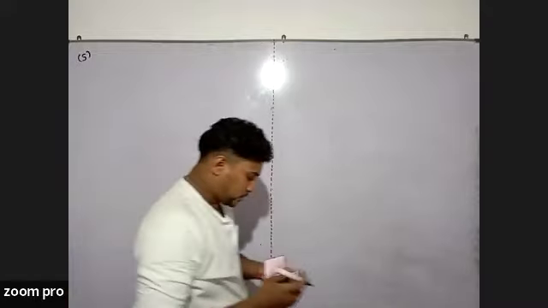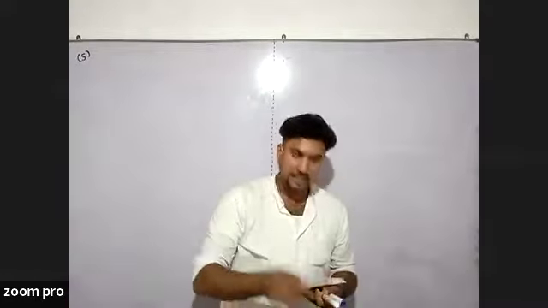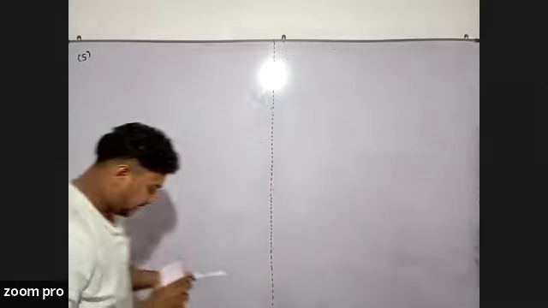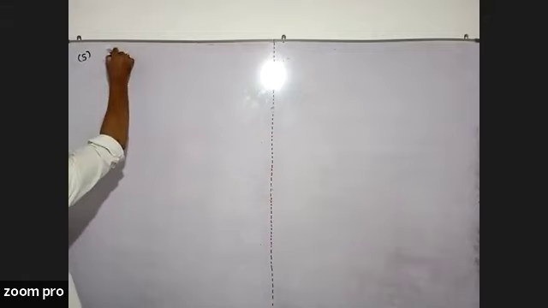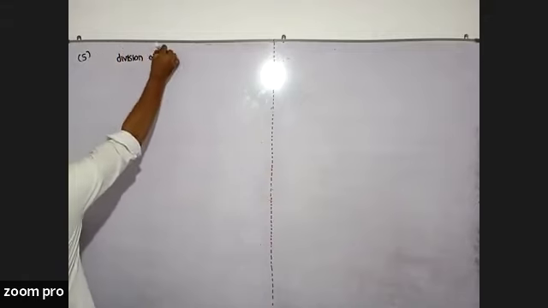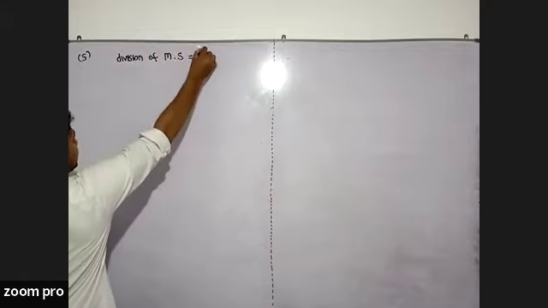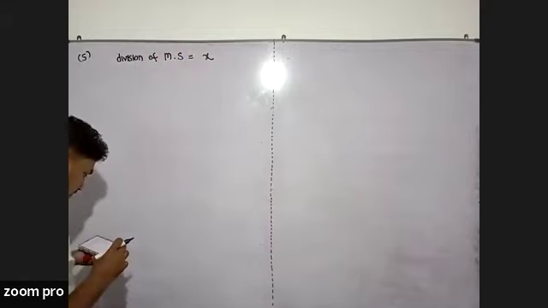Right. So in the fifth question, the value of main scale division of a vernier caliper is x centimeters.